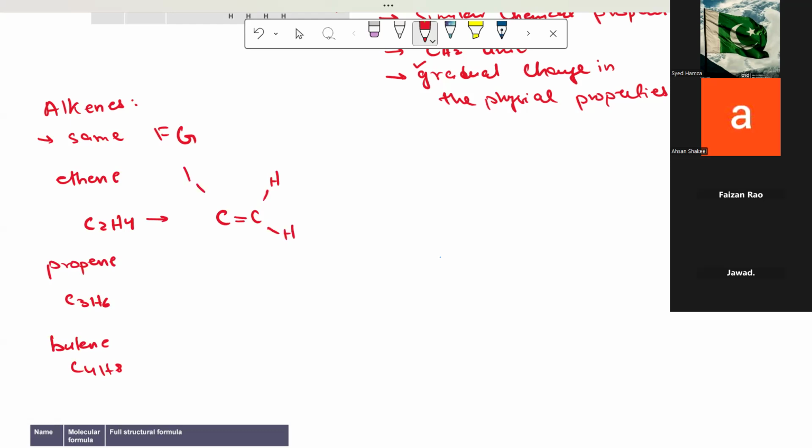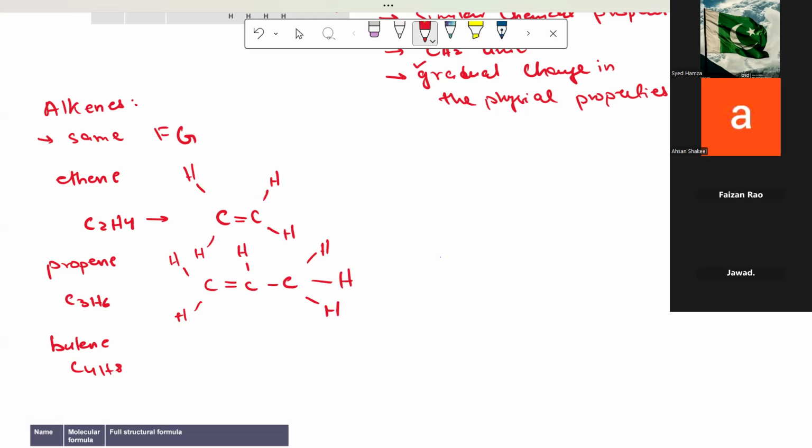This is C2H4, right? Propene is going to be something like this, double bond here, and a carbon here. I've missed one carbon. और एक carbon यहाँ पे भी आएगा सही है, and there's going to be one more carbon.